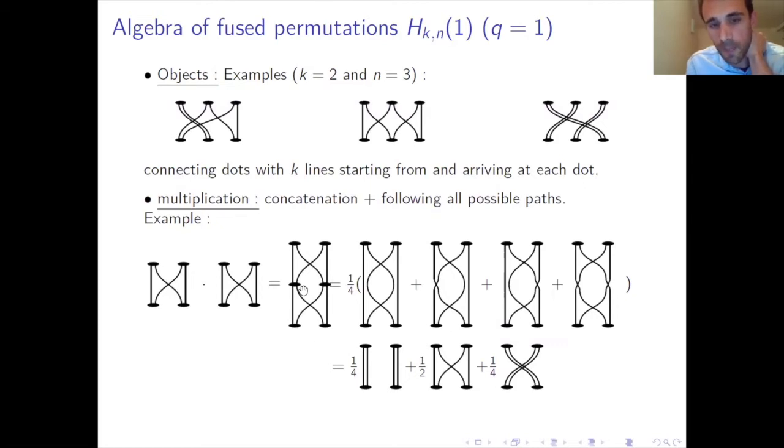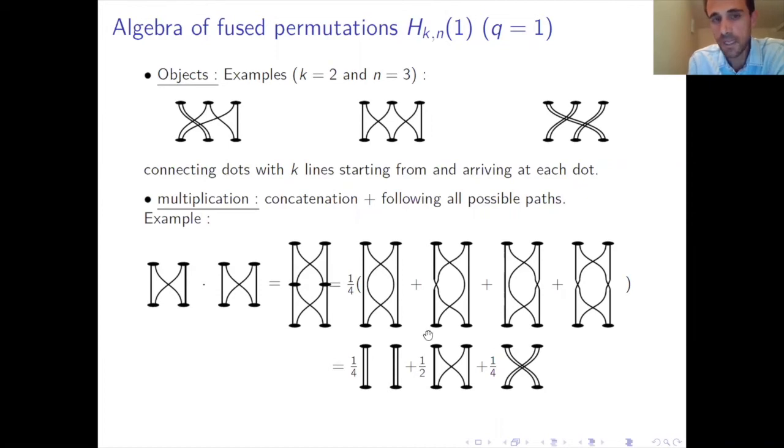So you see, removing these dots, we can remove it like this or like this. Same story for this one, like this or like this. So in total, we have 4 different possibilities. So we take just the sum of these 4 possibilities and we divide by 4 because it's a natural thing to do to normalize this product. So this is just simplifying a bit what we get. We have that this times this is going to be this expression.